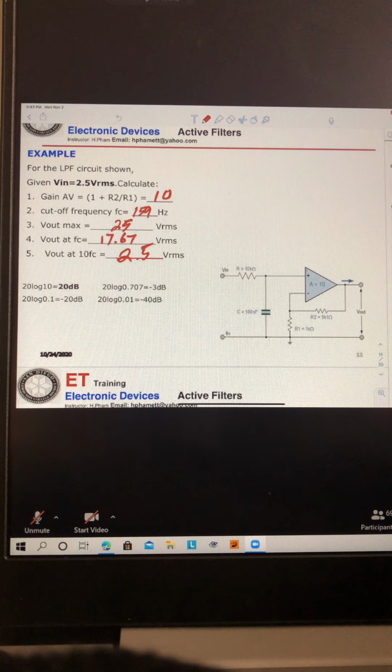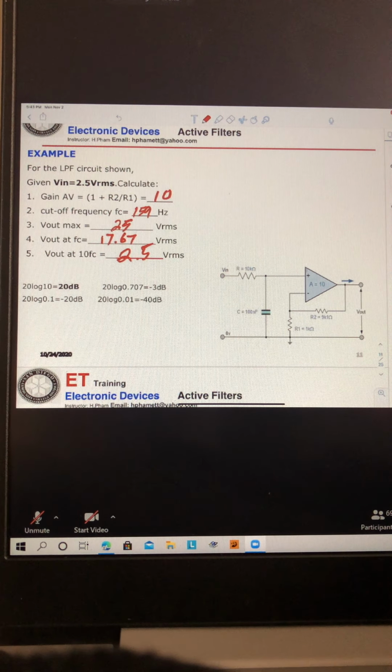Okay, now we want to do the calculation. What is the gain for this filter?